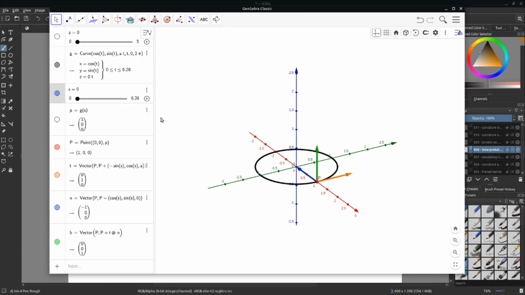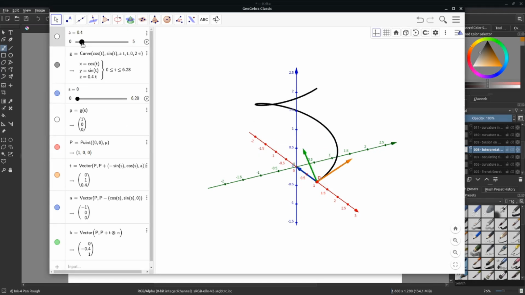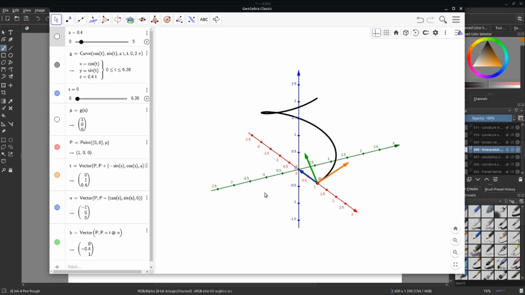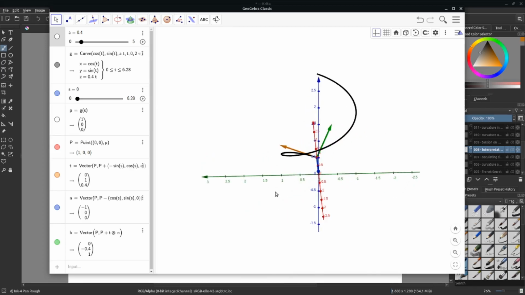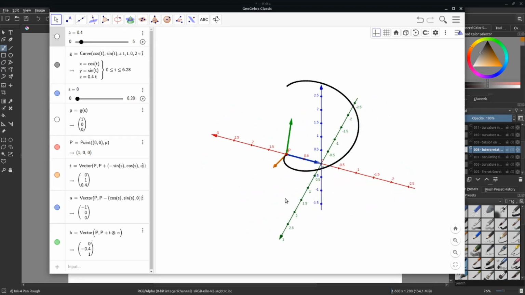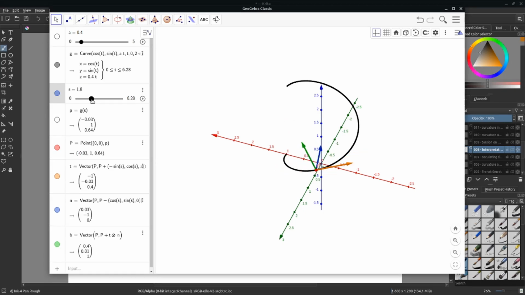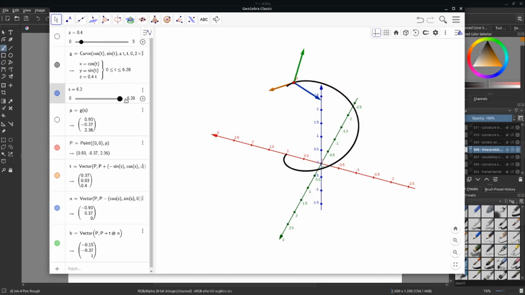Now let's say I change this curve a bit and make it, instead of staying on the same plane, a spiral. Now I'm not staying in a single plane. So if I move my point around the curve, I can see that both my normal and binormal vectors change as I move around the curve.